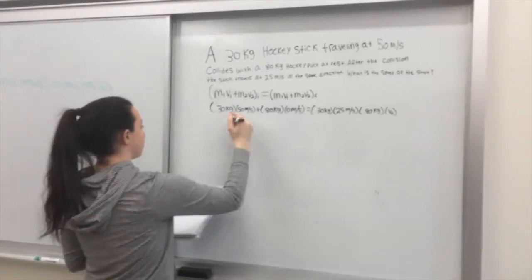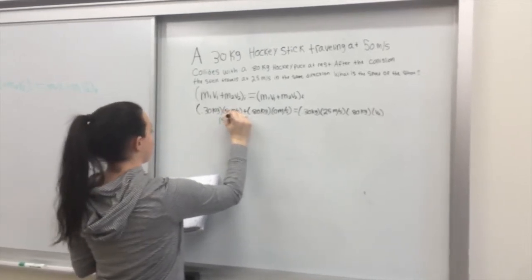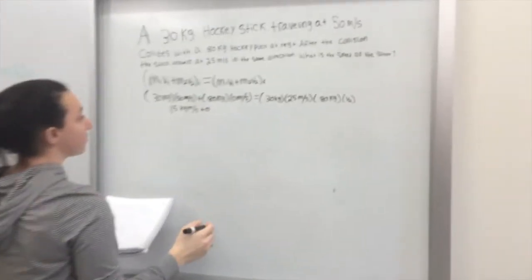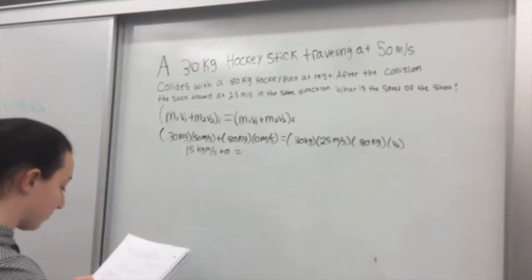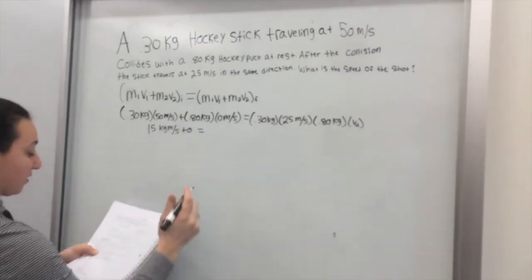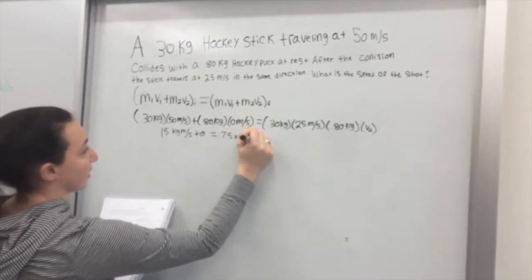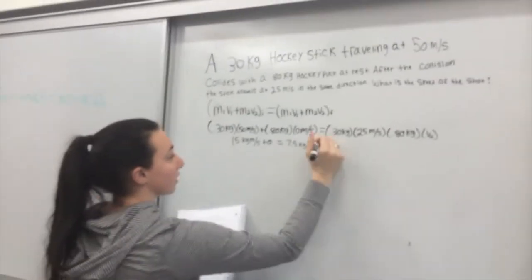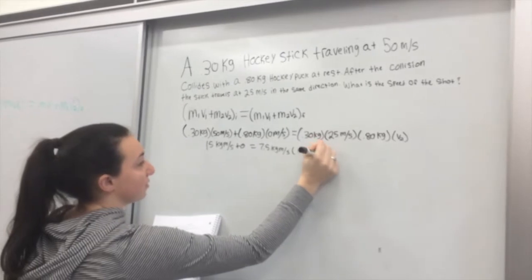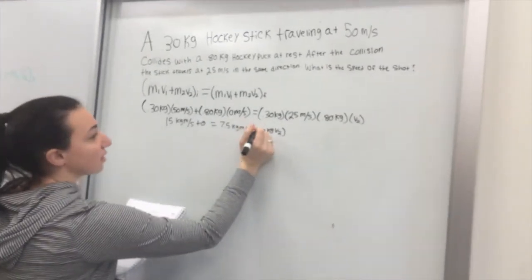So these two times each other is 15 kilogram meters per second plus 0 equals 7.5 kilogram meters per second plus 0.80 kilograms times V2.